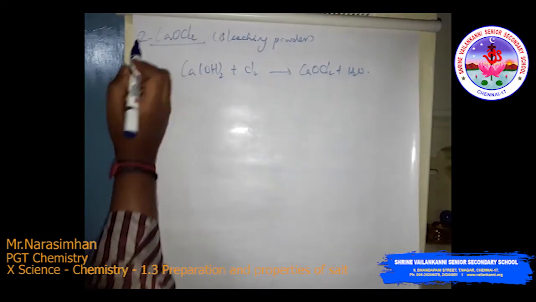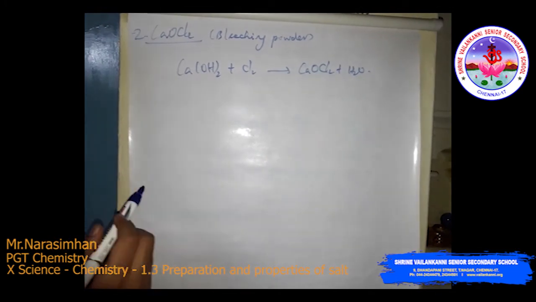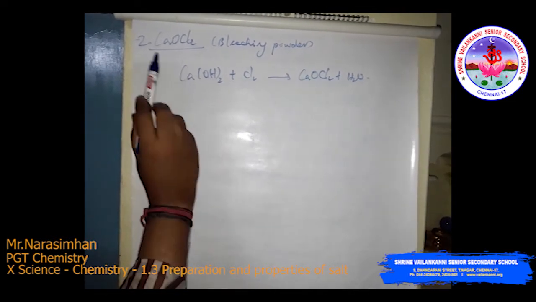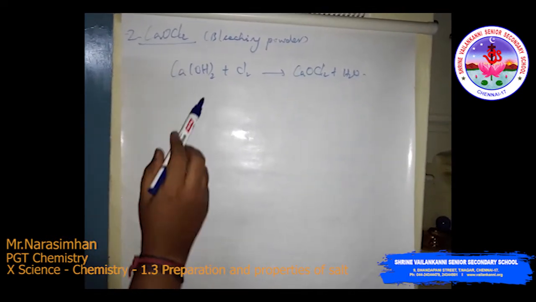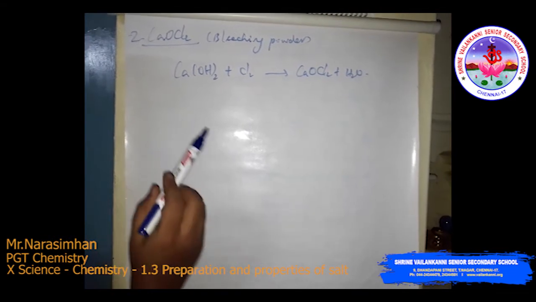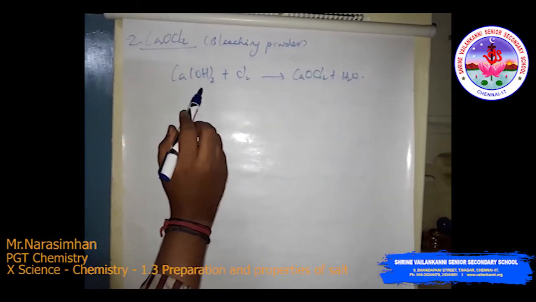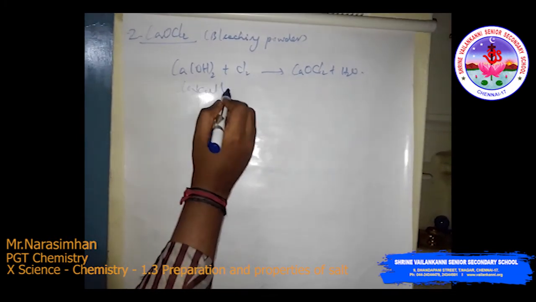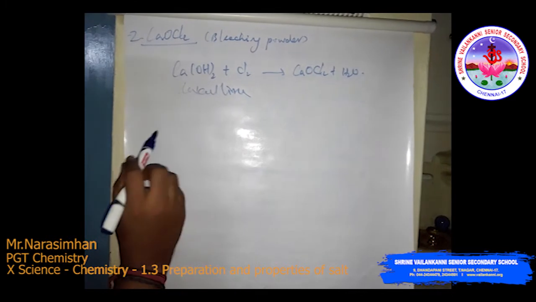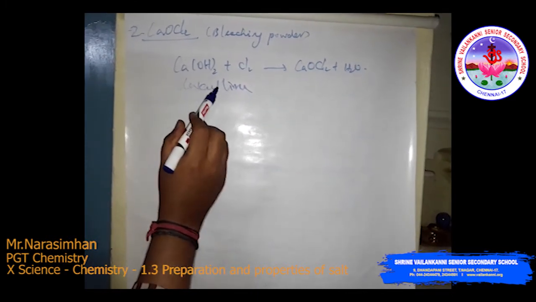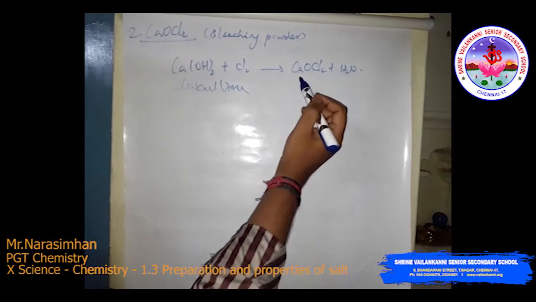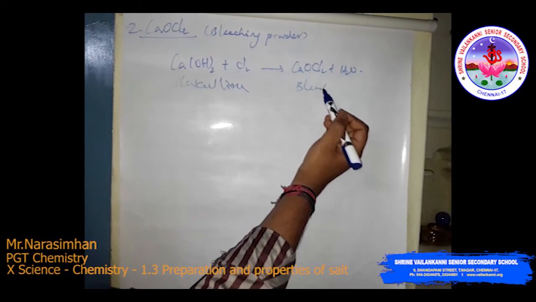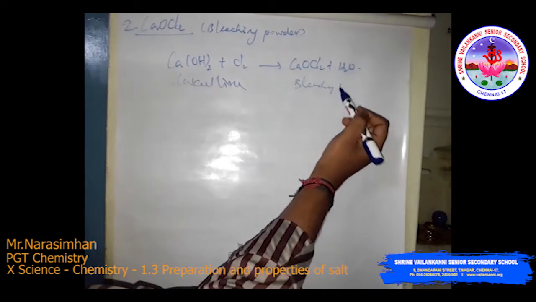The next, the second salt, is bleaching powder, calcium oxychloride, that is calcium hypochlorite, or bleaching powder, CaOCl2. How to prepare this? When calcium hydroxide, that is slaked lime, is treated with chlorine, it produces CaOCl2, that is bleaching powder, and water.